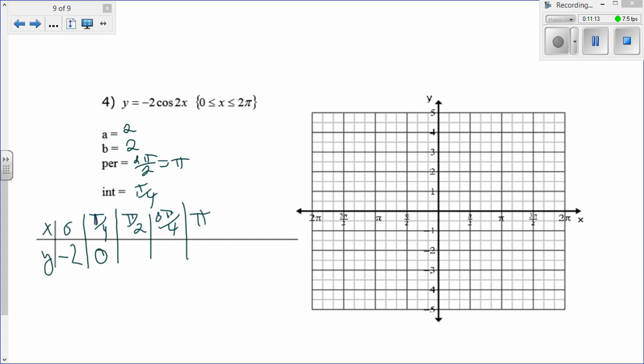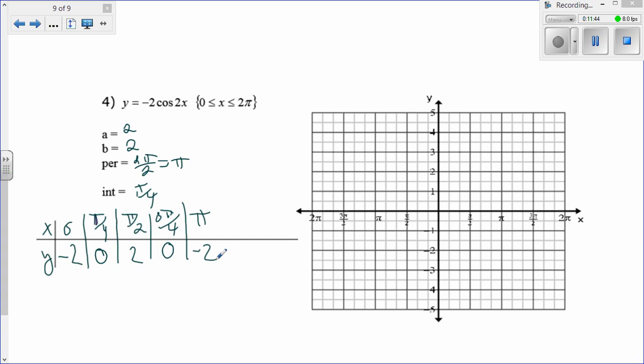Times the negative 2 makes this a positive 2. 3 pi over 4 is 135. Times 2 is 270. The cosine of 270 is 0. Times negative 2 is 0. And the last one is pi. 2 times pi is 360. The cosine of 360 is 1. Times the negative 2 on front makes it negative 2.